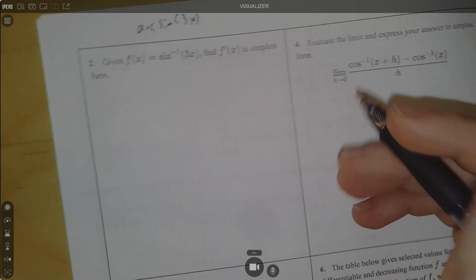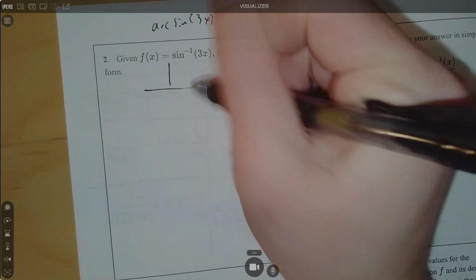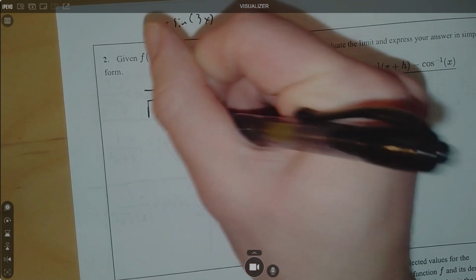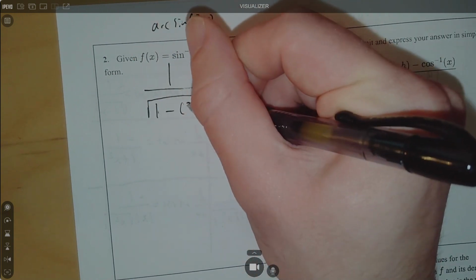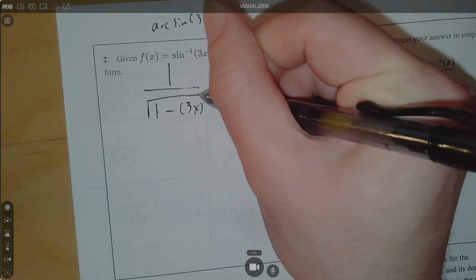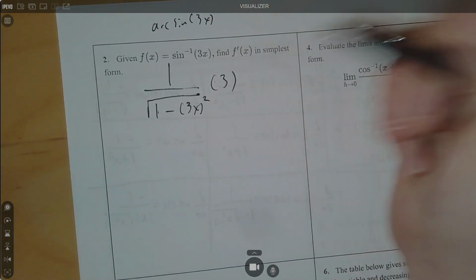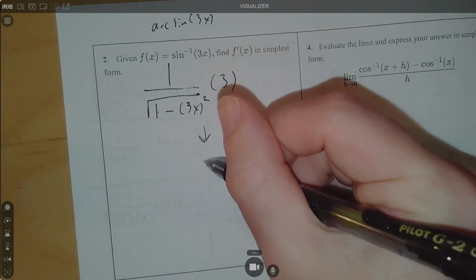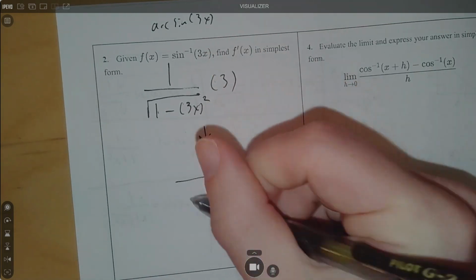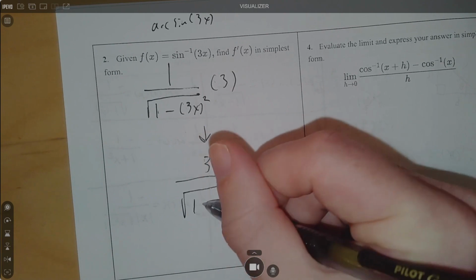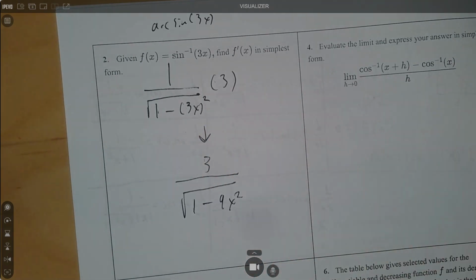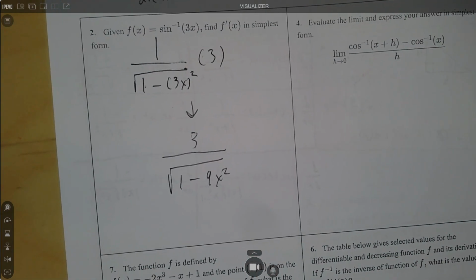So it's going to be 1 over root 1 minus quantity 3x squared. Now, because it's chain rule, you have to multiply that by 3. So our final answer would be 3 over root 1 minus 9x squared if I expand that out. That's it.